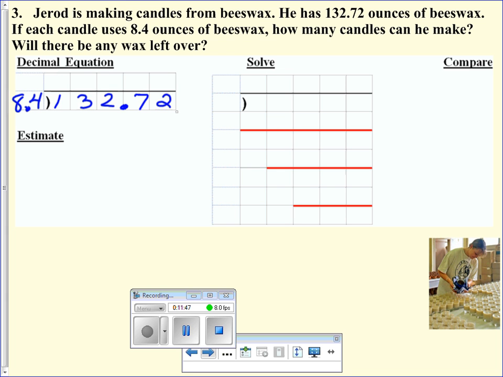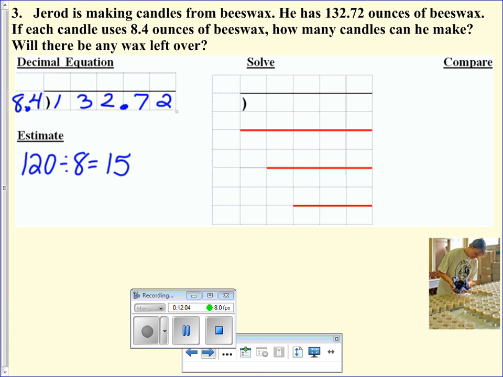Now, I'm not going to lie. This estimation one's a little obnoxious. So if we estimated this to 120 divided by 8, about 15.